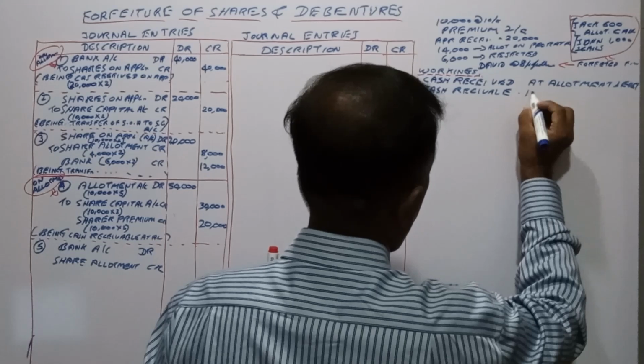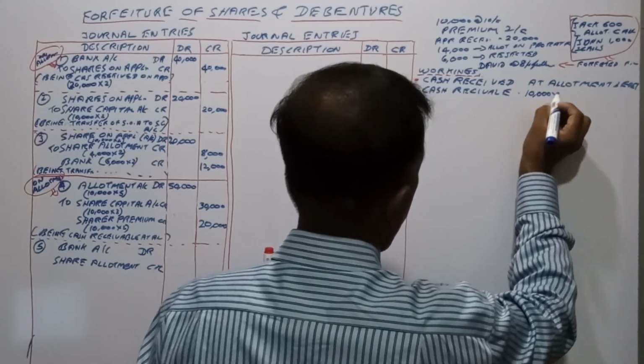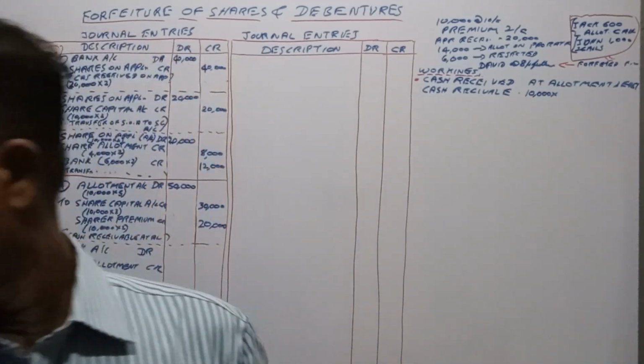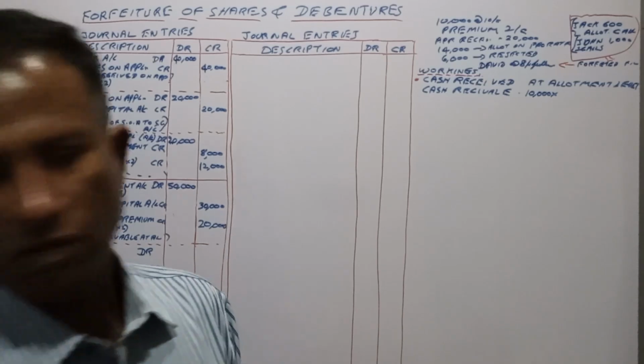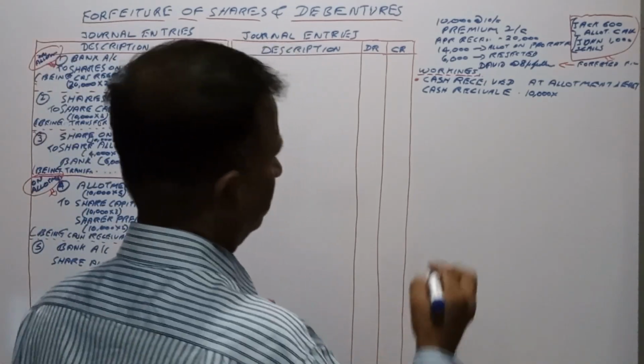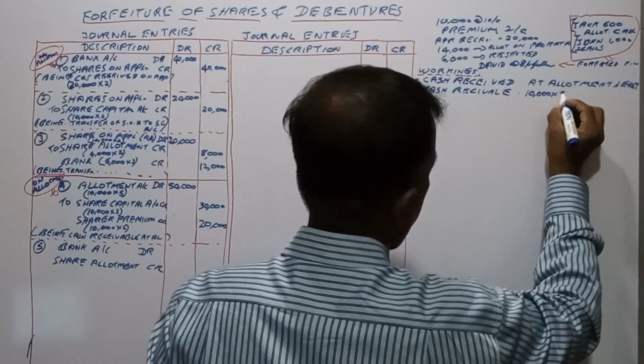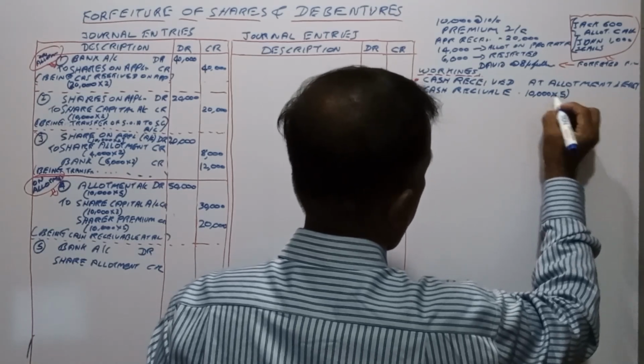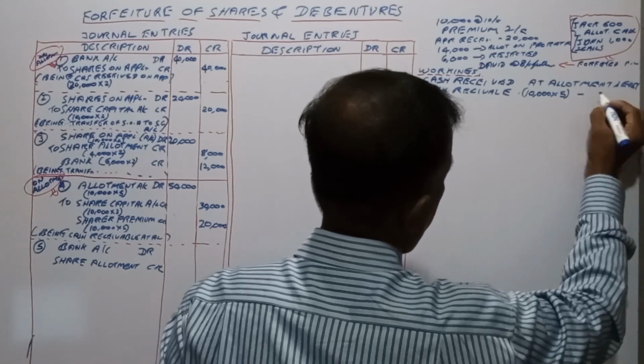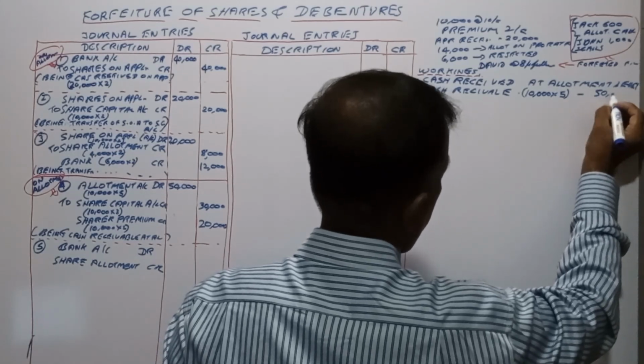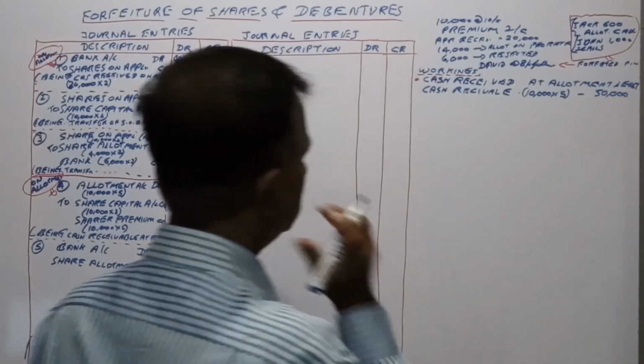That is 10,000 shares into 5, that is 50,000.